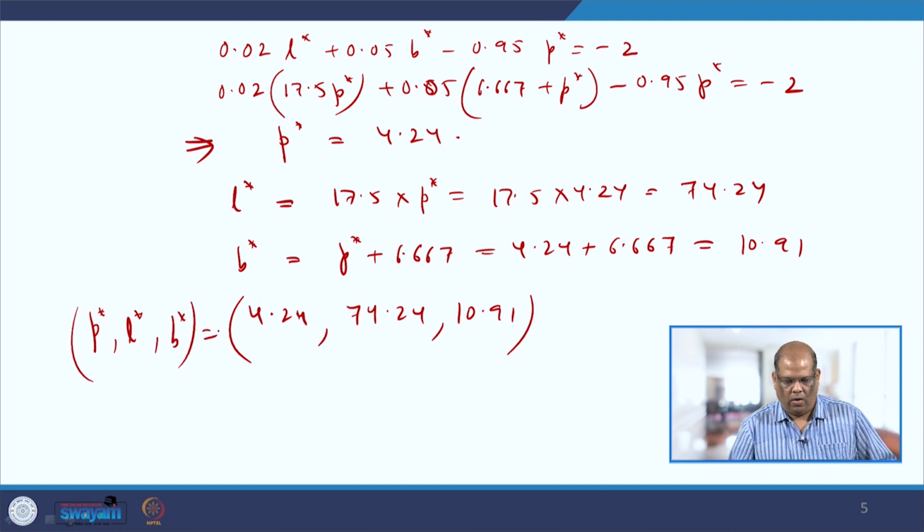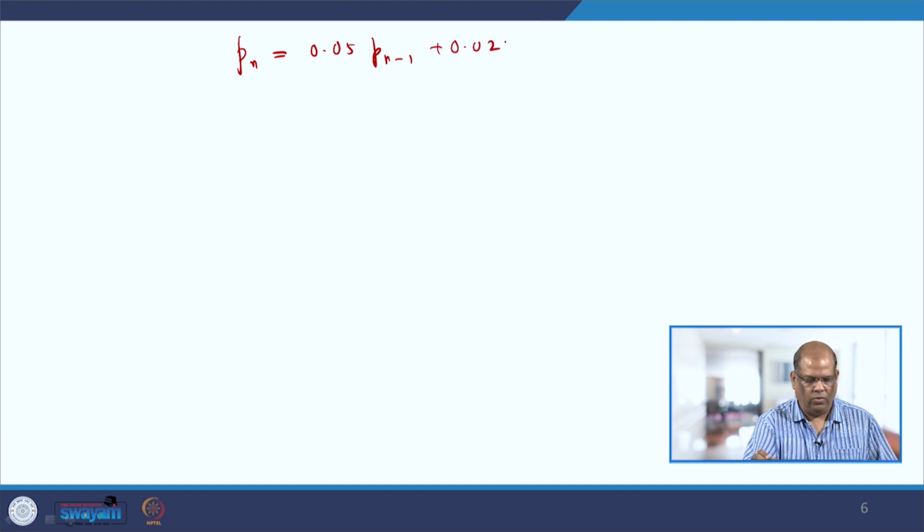Let's now look into the stability analysis. So if we rewrite the model after simplification, you will get Pn is 0.05 Pn minus 1 plus 0.02 Ln minus 1 plus 0.05 Bn minus 1 plus 2.